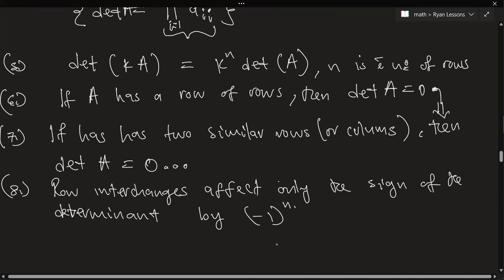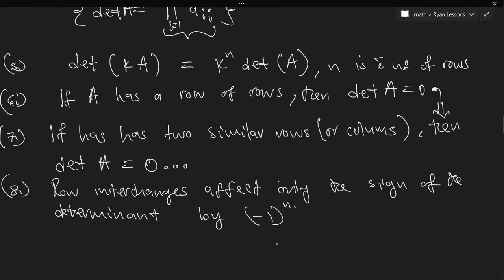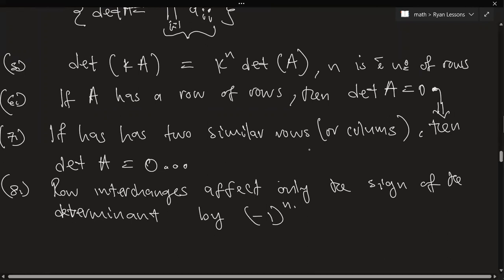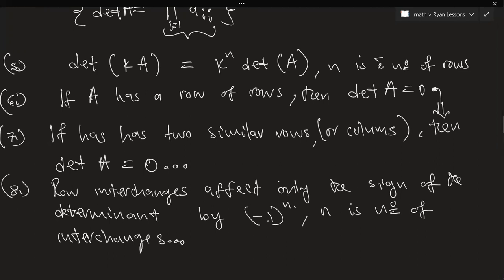So if you interchange rows of a matrix, you only change the sign, you do not change the value of the determinant of the original matrix, but you should always know what n is. n is the number of interchanges that you do. If you perform one interchange, you get a negative determinant. Two interchanges, you get a positive determinant. Three interchanges, you get a negative determinant again, like that. So it's another result that is quite cool to know.